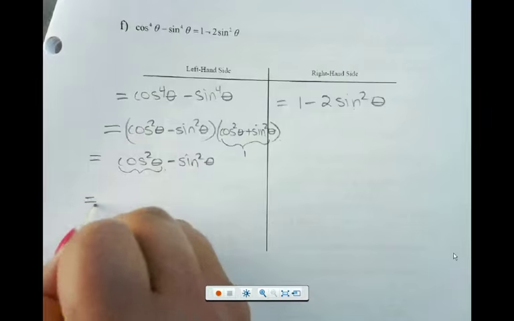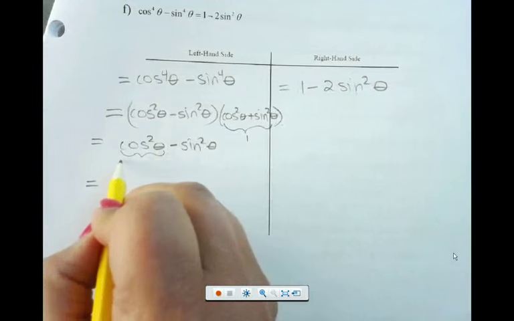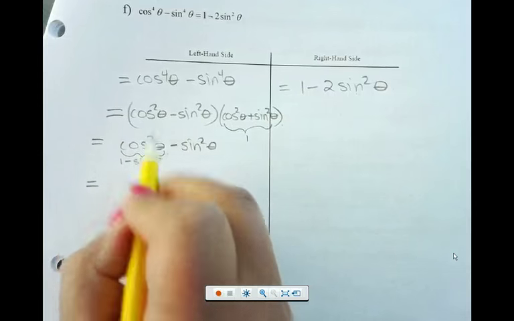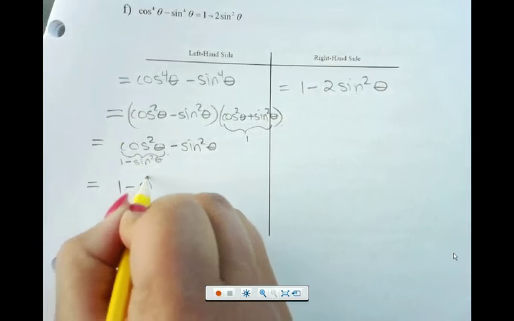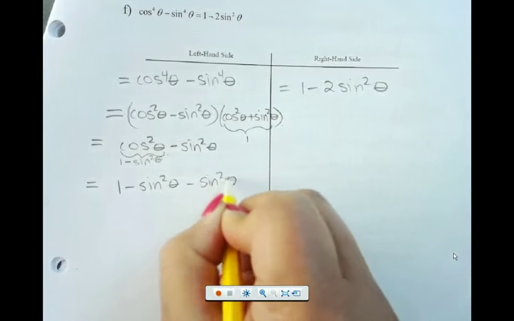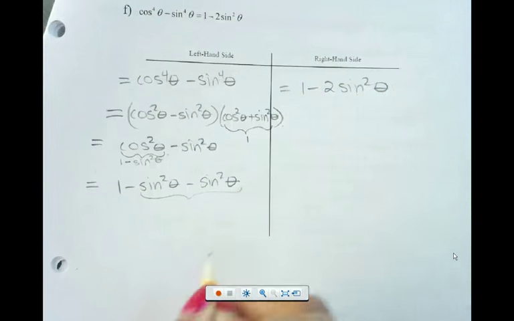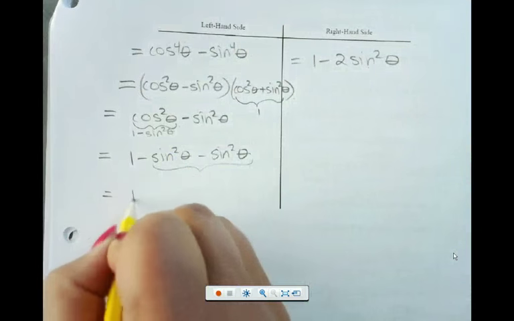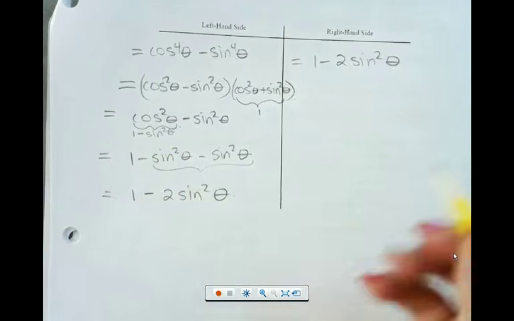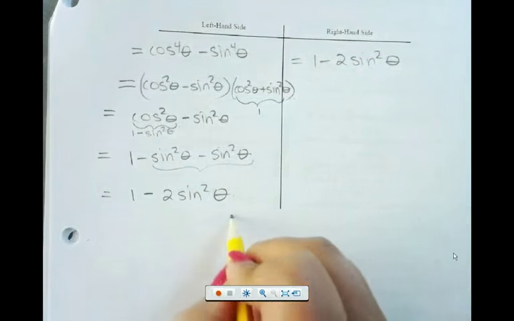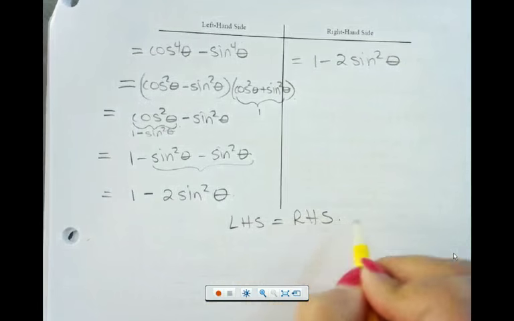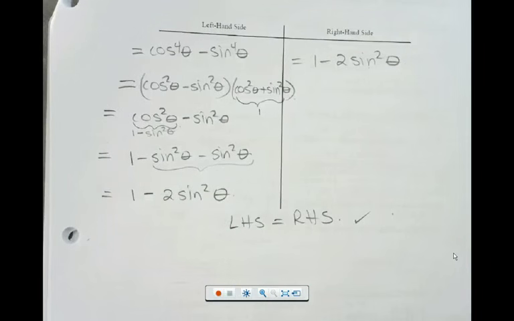I can use 1 minus sine squared theta. Now I've got 1 minus sine squared theta minus sine squared theta. What's that? 1 minus 2 sine squared theta. Perfect. And so now left-hand side equals right-hand side, and you're done.